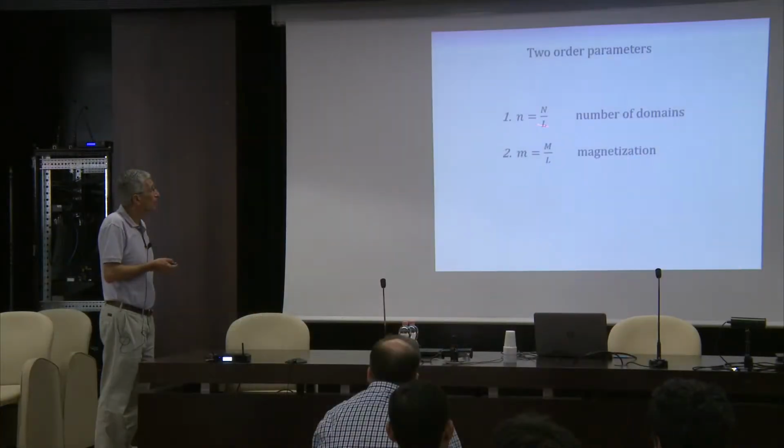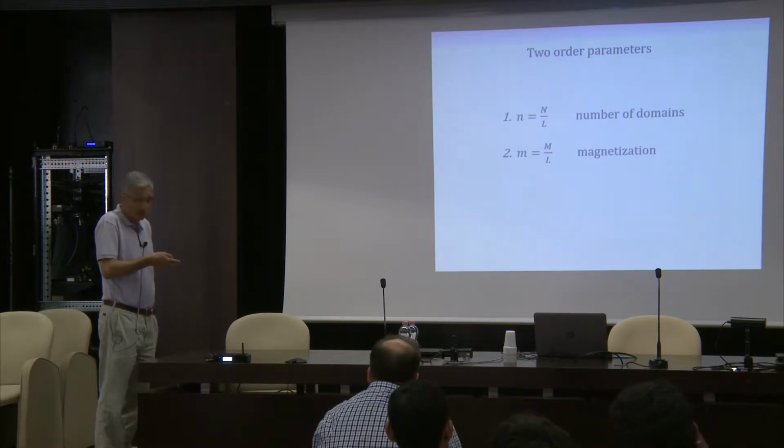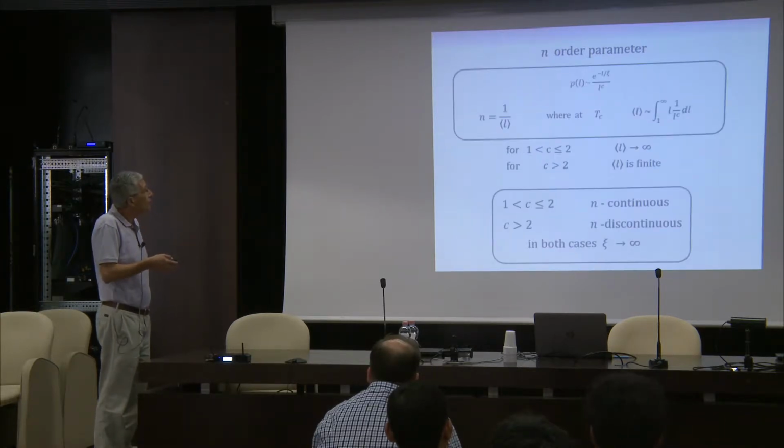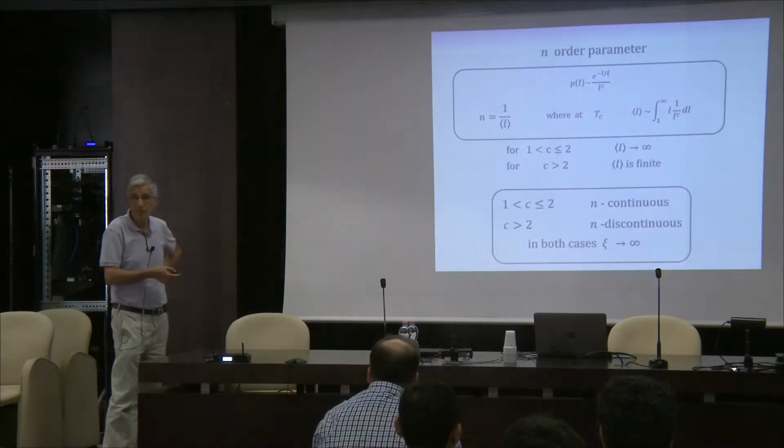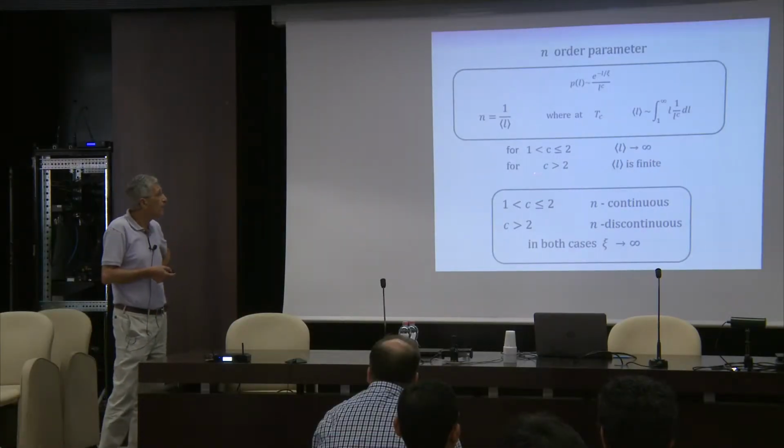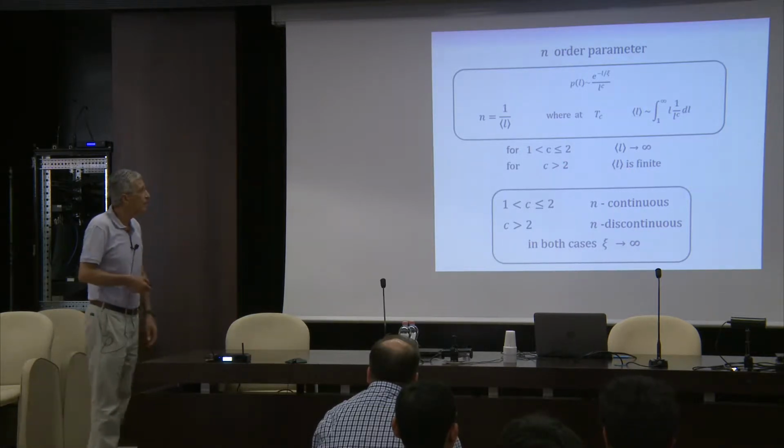So that's one order parameter, and the magnetization itself is another. And n, the number of domains, is basically 1 over the average length of a domain. And the average length, since at the transition xi goes to infinity, it's just given by this thing. So if c is between 1 and 2, the length diverges at the transition, while if c is larger than 2, it stays finite.